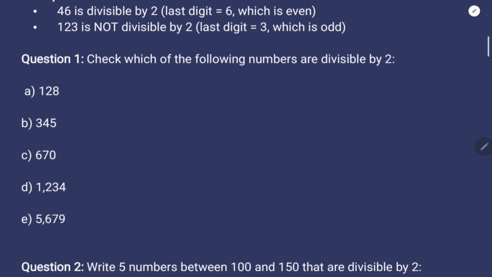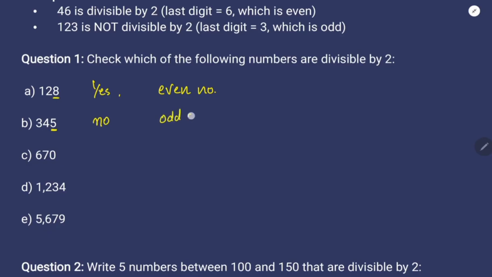Okay, so let us see. This is question number 1 for practice. Check which of the following numbers are divisible by 2. What is the last digit? 8. So you will say yes, this is divisible. This is an even number, right? What is the last digit here? 5. 5 is an odd number. So you will say no, this whole number 3, 4, 5 is not divisible by 2.